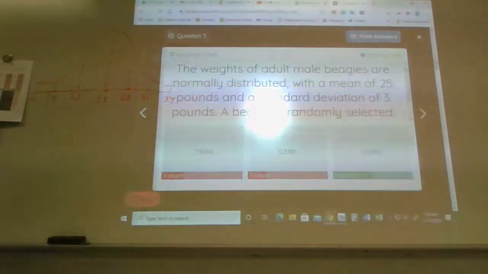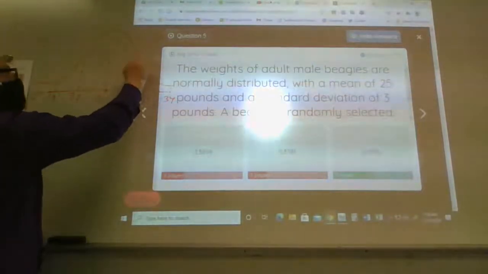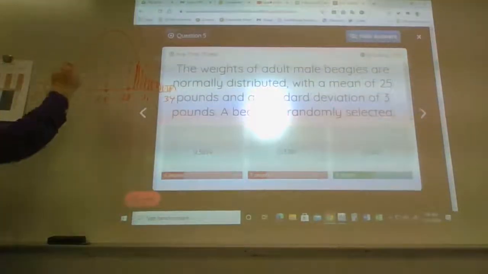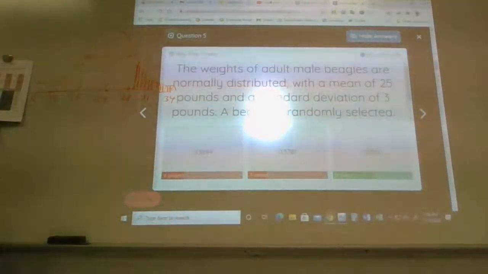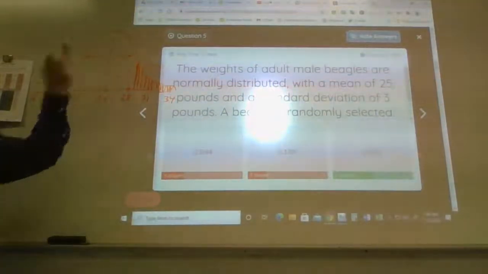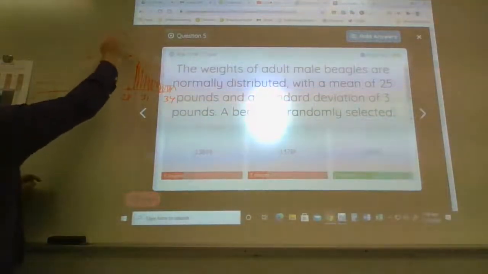And they wanted to know 29 or more. So they really wanted to know approximately here or more. Question: what percent of the data is between those two standard deviations? 68, approximately. It's not exact, but it's approximately.